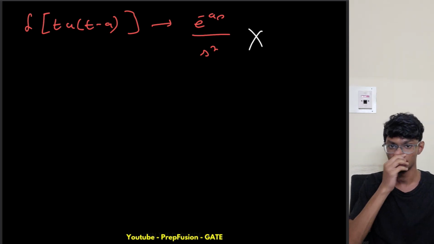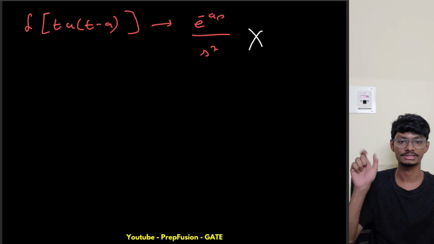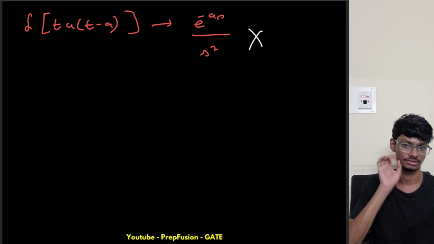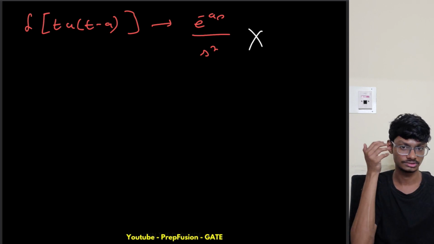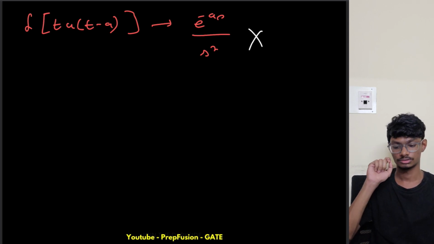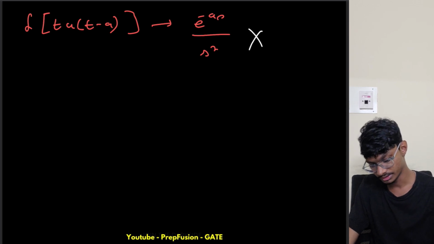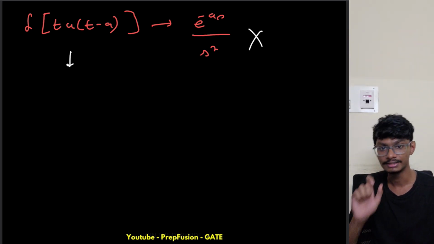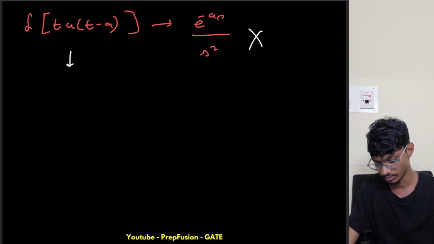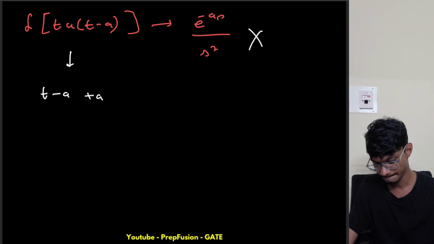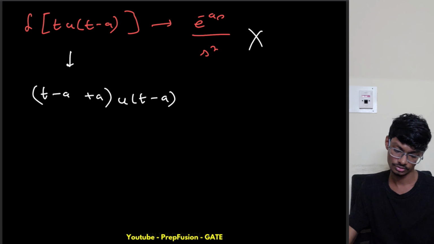One thing that you can do: we know the Laplace transform of t minus a into u of t minus a, and we also know the Laplace transform of a into u of t minus a. So we can combine those two. What we can do is write t as the sum of t minus a plus a, times u of t minus a.